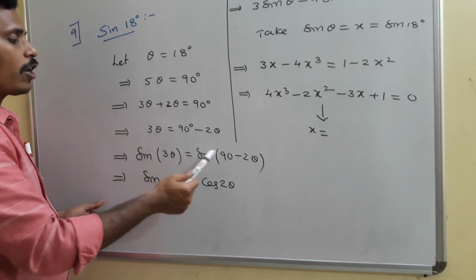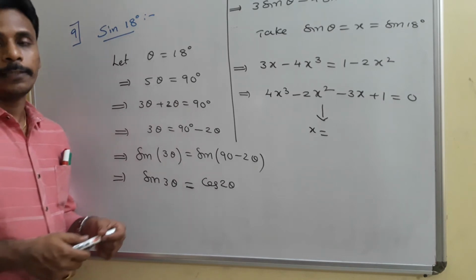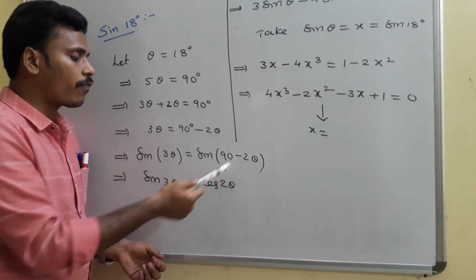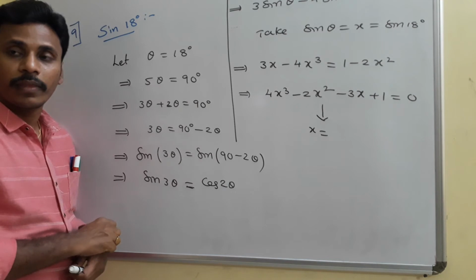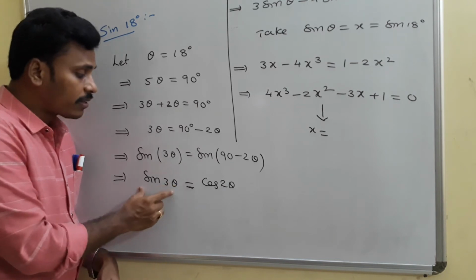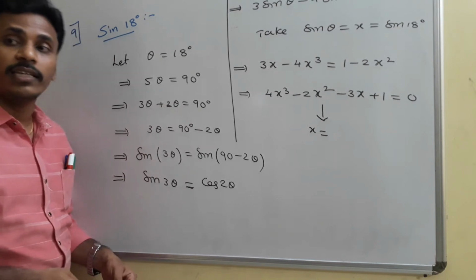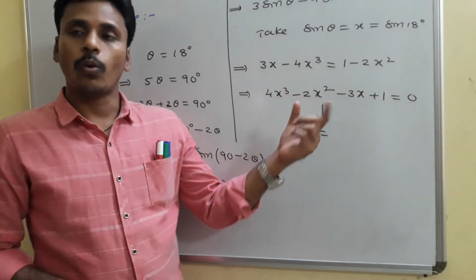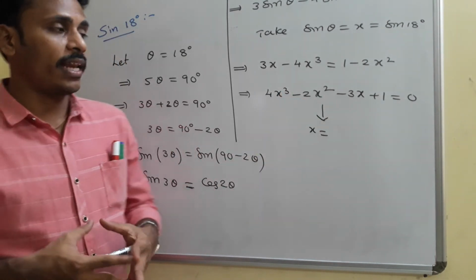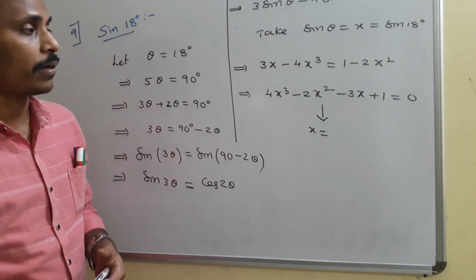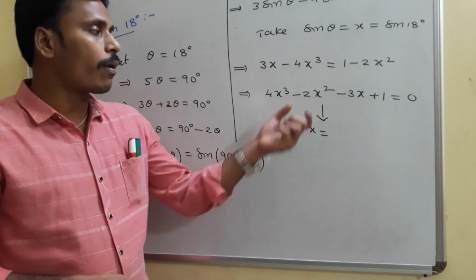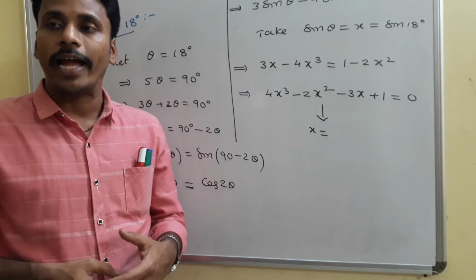Sin 3 theta is sin of 90 minus 2 theta, which is cos 2 theta. Write sin 3 theta and cos 2 theta in terms of sin theta, and after taking sin theta as x, you have this equation: 4x cube minus 2x square minus 3x plus 1 is equal to 0. From this cubic equation you need to find the values of x.